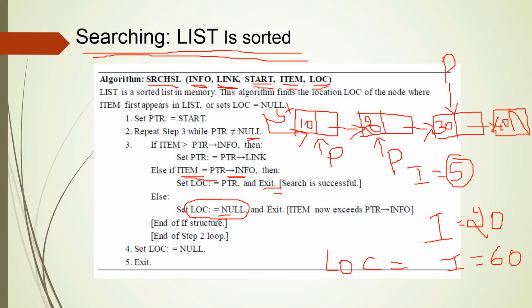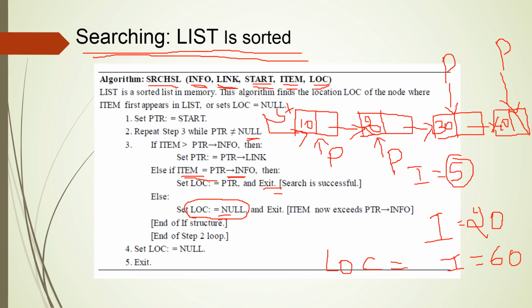PTR not equal to null, of course, PTR is the address of the node which contains the value 30, it's not null. Item is 60, 60 greater than 30, the condition is true, PTR is equal to PTR of link, PTR goes to the next node. PTR not equal to null, yes, 60 greater than 40, again the condition is true, set PTR is equal to PTR of link, PTR goes to the next node. Now PTR becomes null, since PTR of link is null.